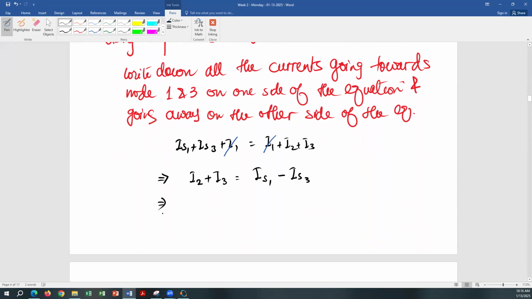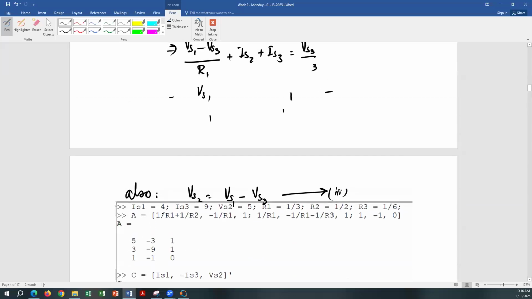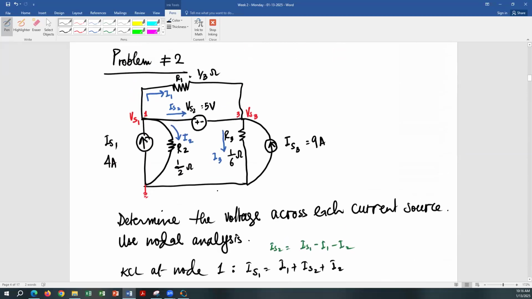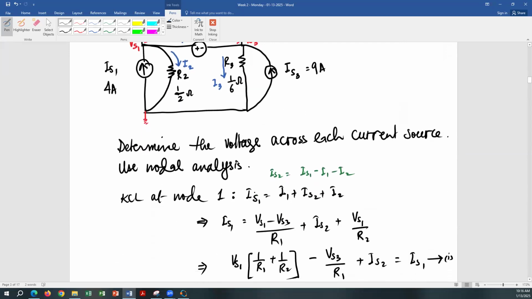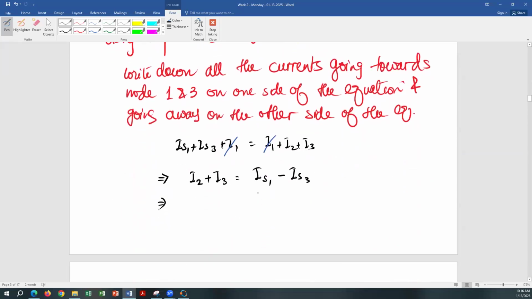All right, what is I2 in terms of Ohm's law? Vs1 over R2, and I3 is Vs3 over R3. Vs1 over R2, Vs3 over R3.